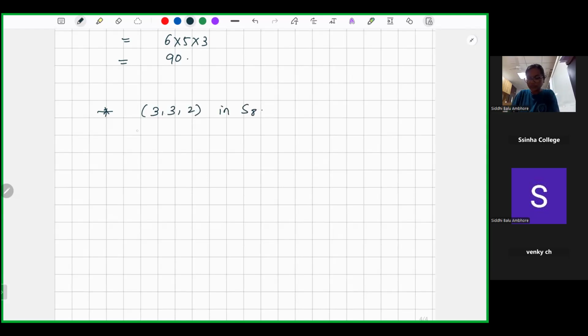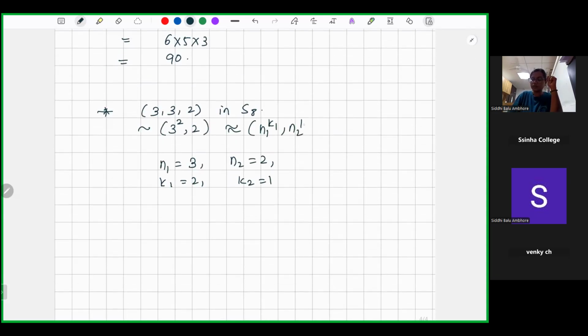This is equivalent to writing 3 square 2. This is just a notation; it doesn't actually mean we are squaring anything. So here N1 is 3, N2 is 2, K1 is 2, and K2 is 1. So this is N1 power K1, N2 power K2.